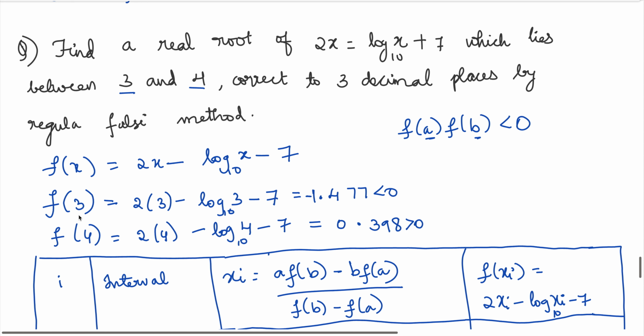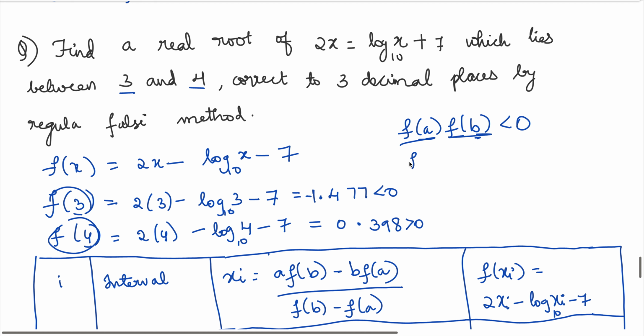If at all they did not give us the interval in the question, we will always have to try to find two numbers such that f of a into f of b should be less than 0. That means one of f of a or f of b should be a negative number and the other one should be a positive number.